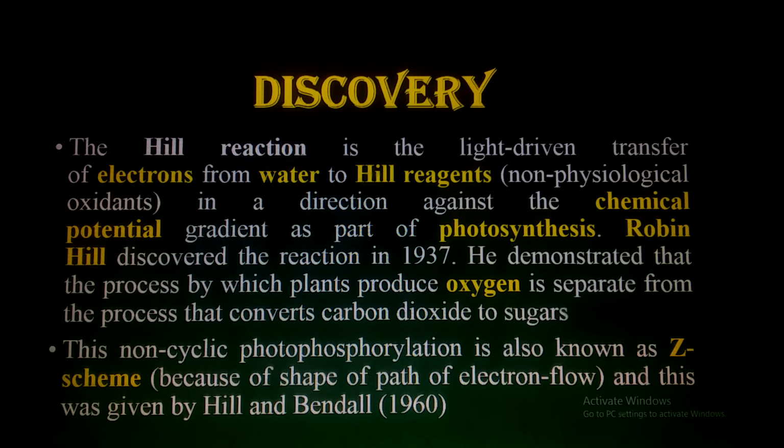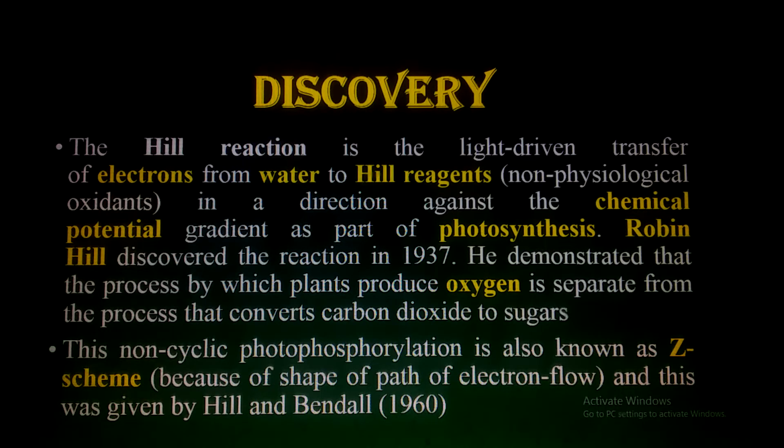The light reaction, which occurs in the granum, starts with the photolysis of water. What is photolysis? Photolysis is basically the breakdown of the water molecule, which was discovered by Robin Hill. Robin Hill discovered photolysis in 1937.